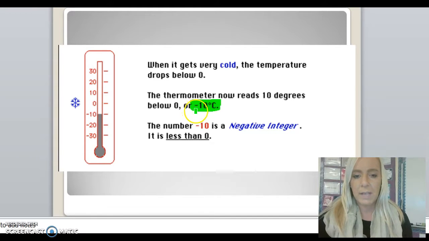So that would symbolize that it's below 0 or it's a negative temperature. Therefore, -10 in this situation is an integer that's negative because it's less than 0. So any temperature that is less than 0 is a negative integer.